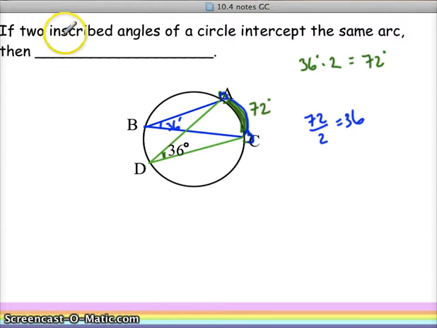So if I was to complete the sentence, it says, if two inscribed angles of a circle intercept the same arc, then the two angles are the same, or are congruent.